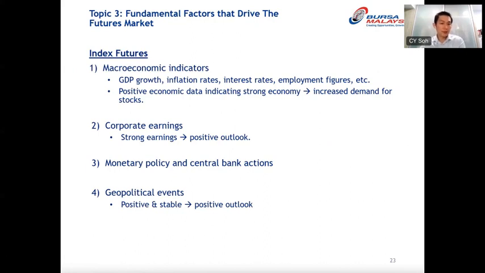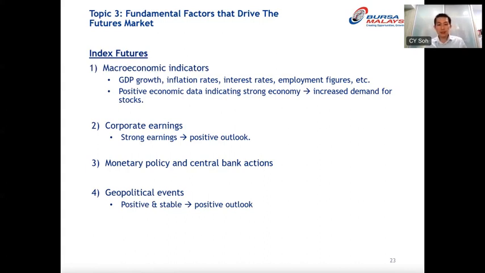The fundamental factors that can drive index futures include all of these things, okay? The first one would be macroeconomic indicators. Macroeconomic indicators such as the GDP growth, inflation rates, interest rates, employment figures, these things can significantly impact index futures.